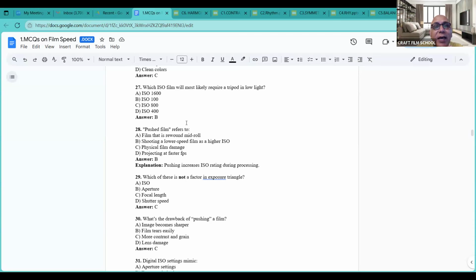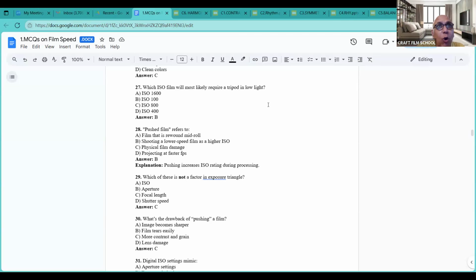So indirectly he is asking which ISO film most likely requires a tripod in low light, which means which film has a slow shutter speed, a slow film speed. Because if your film is high speed, you are not bothered, because you will get enough shutter speed, 1/250th of a second or maybe 1/125th.